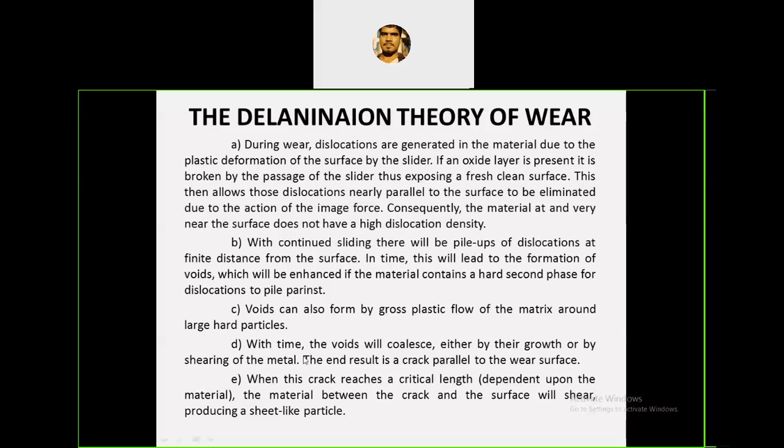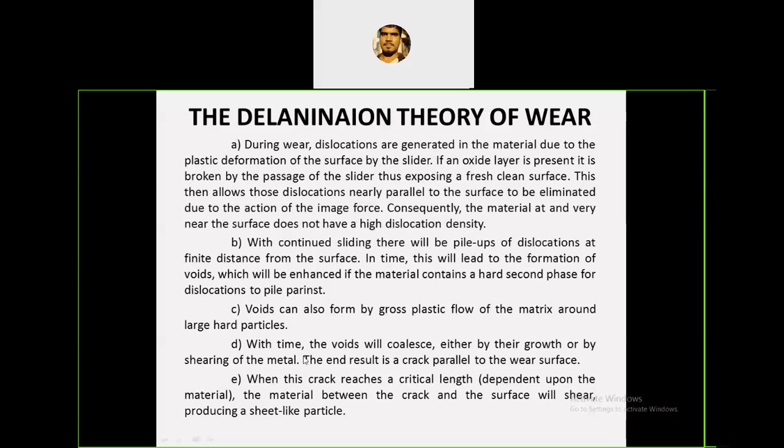Can you understand? This mobile is a specimen, and here one small crack is there. Because of the operating load, this crack will start propagating and start separating this entire specimen from this cover. So you know, it is nothing but a wastage of material. That loss of material is called wear.